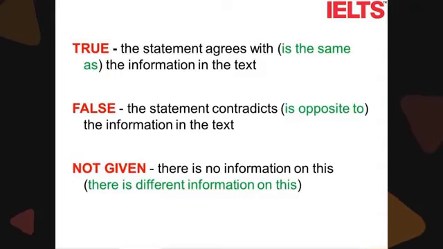And not given means that there is different information about something in the statement. This last point's really important because there's always something in the text about something in the statement, and we're going to see an example of that shortly.